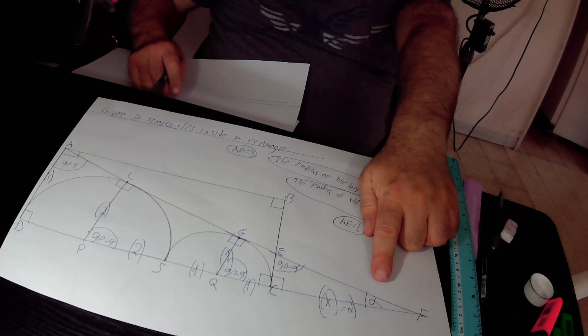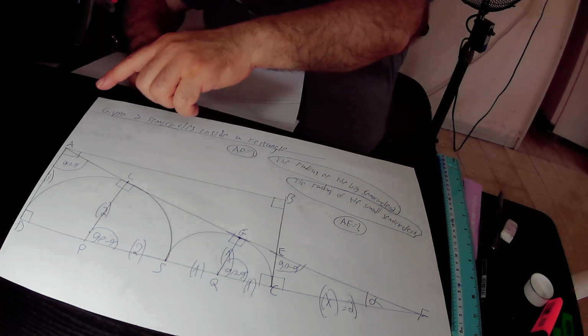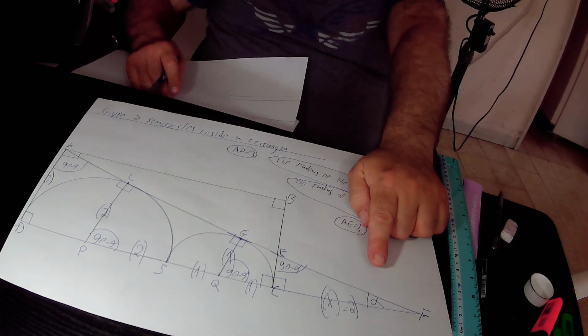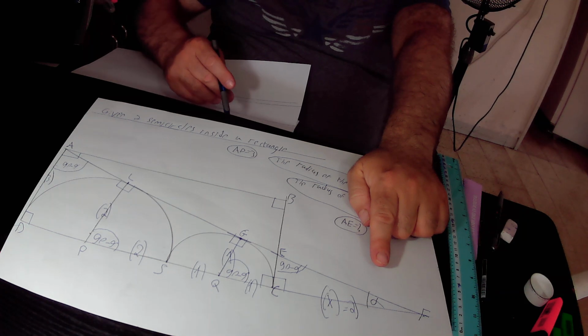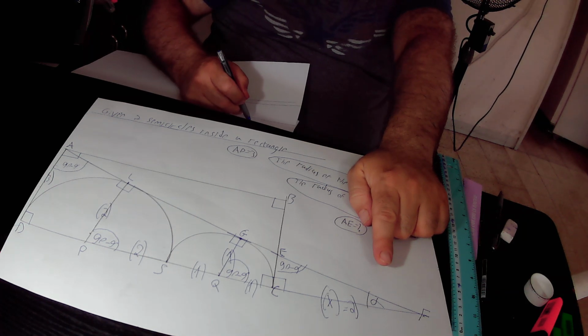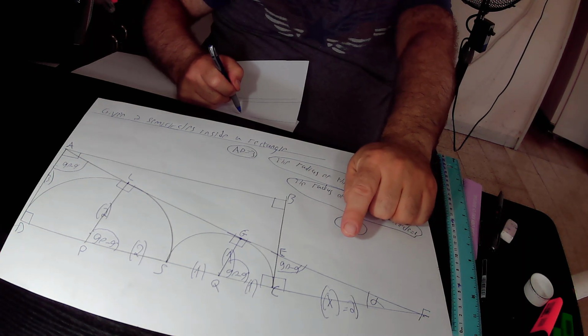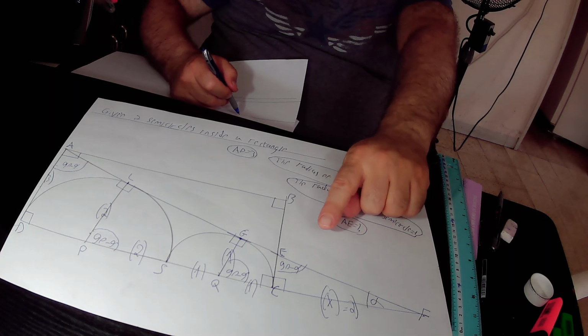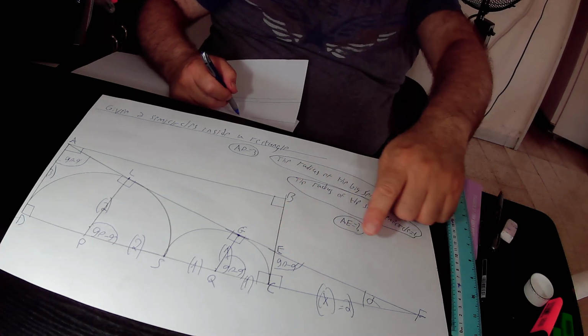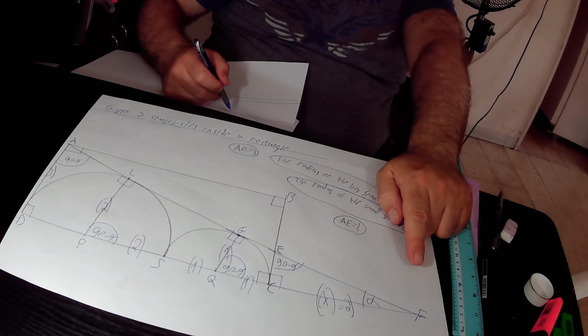If you relate to this angle alpha as it belongs to the big right triangle ADF, it will be defined as angle AFD. And angle alpha equals itself. If you relate to angle alpha as it belongs to the smallest right triangle ECF, it will be defined as angle EFC.